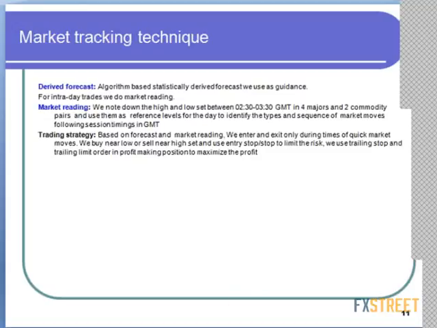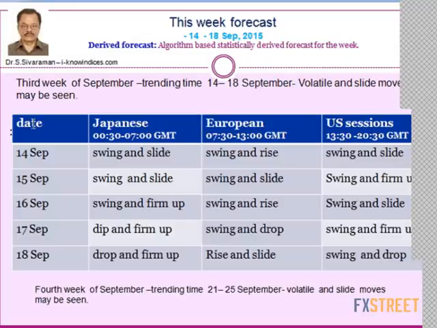And I'm giving it free of cost in FX Street for the small traders who could get the benefit out of that. And this week on Monday, yesterday, that is 14 September, I gave the forecast for the entire week. And today I was telling you that they will be making the slide during the European session and a small firm up during the US session.